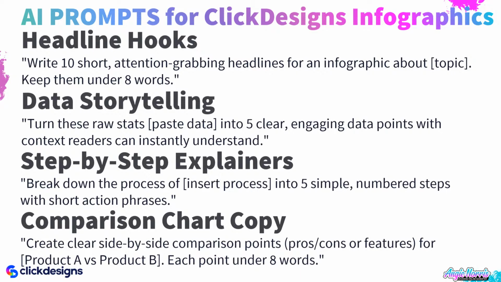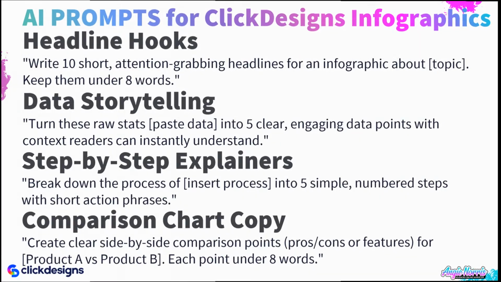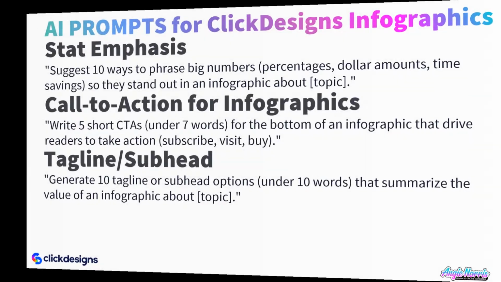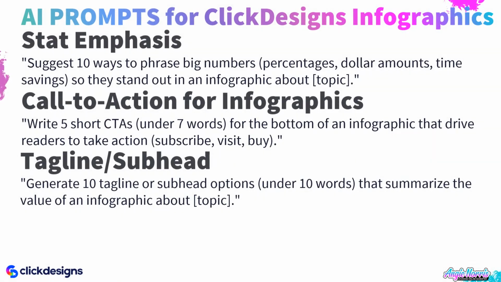So headline hooks, data storytelling, step-by-step explainers, comparison chart copy, myth versus fact lines, listicle information content, infographic content, and process labels. So this one, write 7 quick benefit-driven tips that fit an infographic list. So that's going to be one that we're definitely going to use today. We also have stat emphasis, call to action for infographics, tagline.